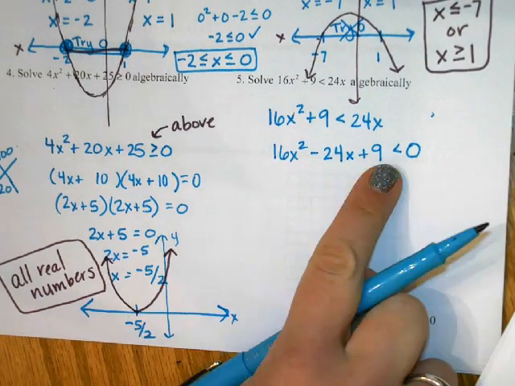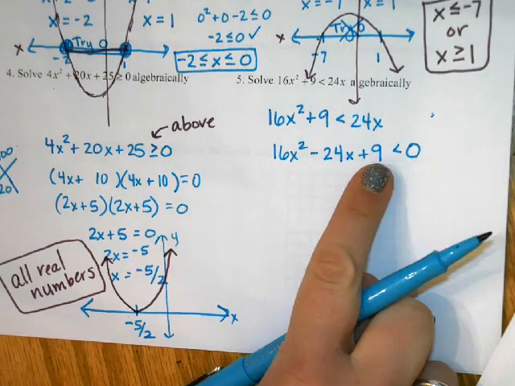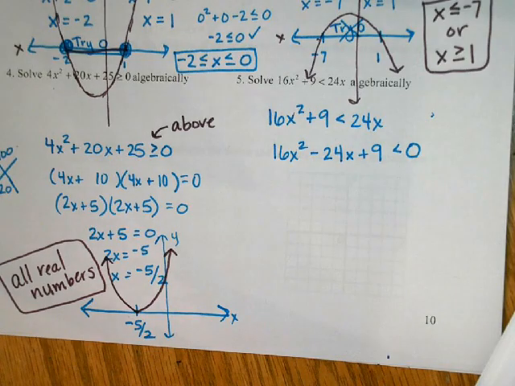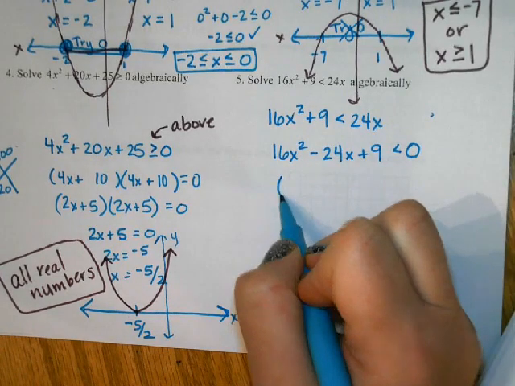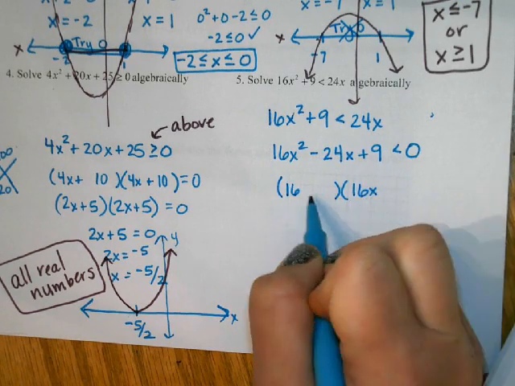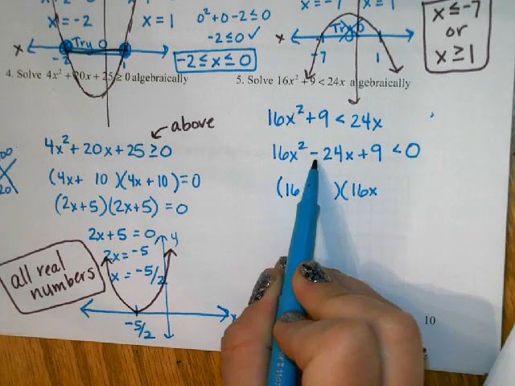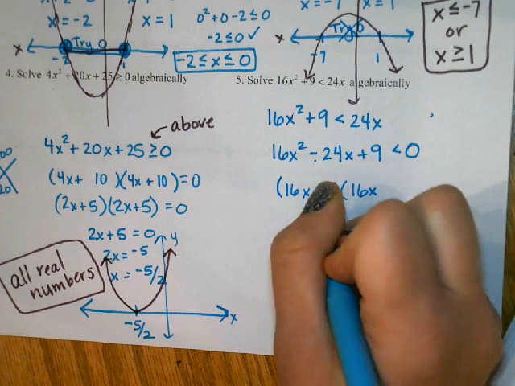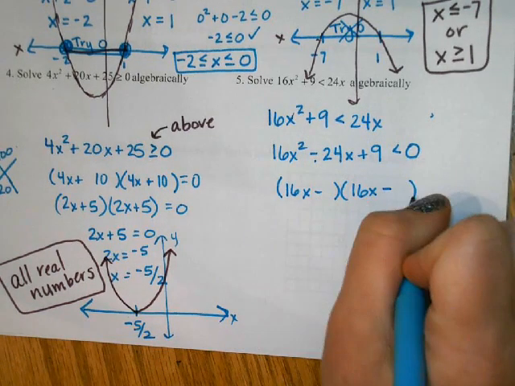Okay, so this guy's a less than. So I want to know when he's below my x-axis. All right, I have a minus and a plus, so my signs are going to be a minus and a minus.